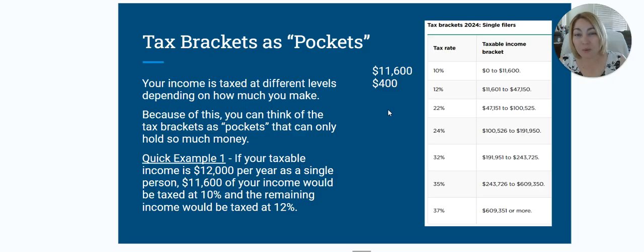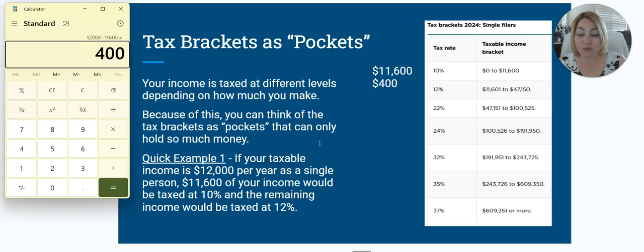So, how do I convert a percent to a decimal? Well, the best way I can tell you is we're going to multiply. So we multiply 11,600 by 10% as a decimal, but how do I convert it? If ever you're in doubt, the easiest way to convert a percent to a decimal is to take the percent and divide it by 100. That will guarantee that you get the right decimal.